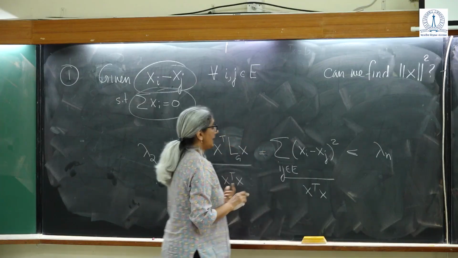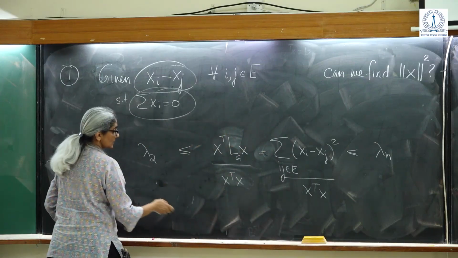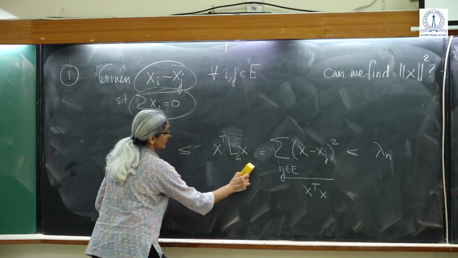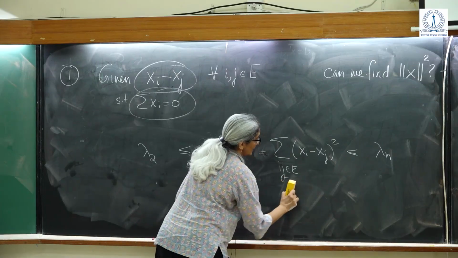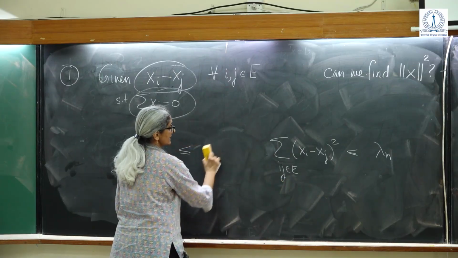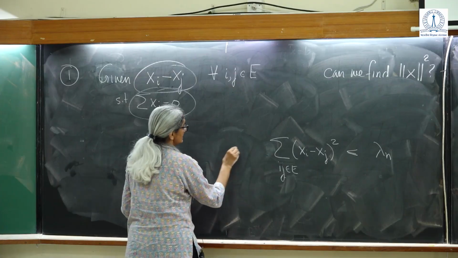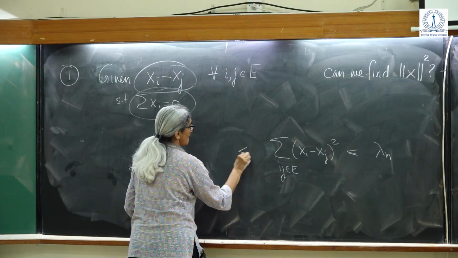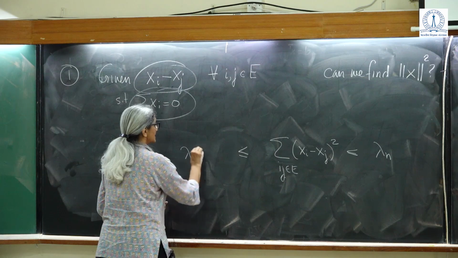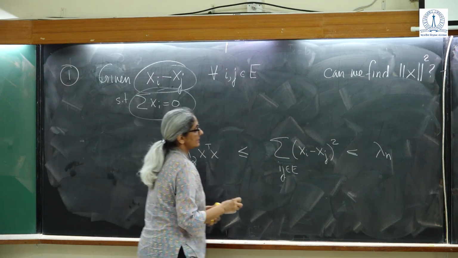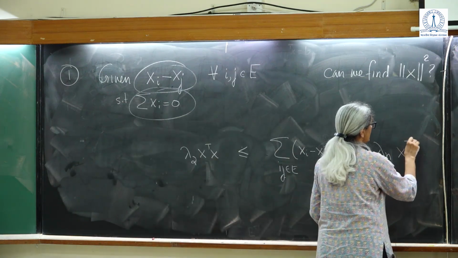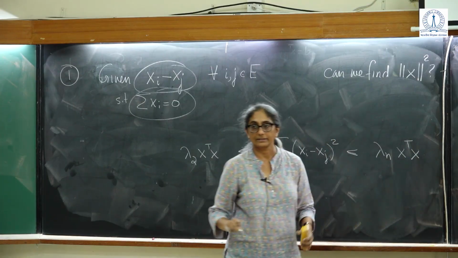Do you agree? Now let me bring the x transpose x out of the denominator. So this is greater than or equal to lambda 2 times x transpose x, and this is less than or equal to lambda n times x transpose x.